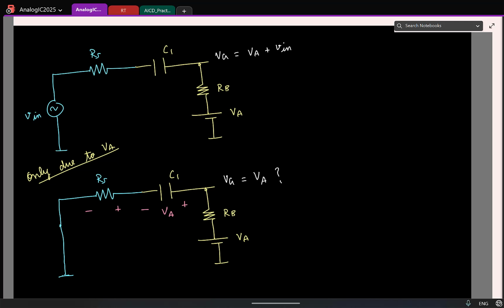Now in steady state, what is the voltage drop across RS? Why not? Why is it non-zero? Yeah, steady state. So why is it 0? Okay, I'll ask you, why can't the capacitor charge more than VA?